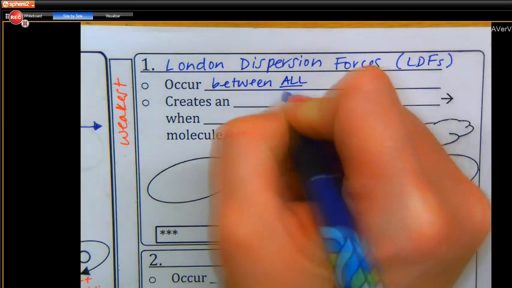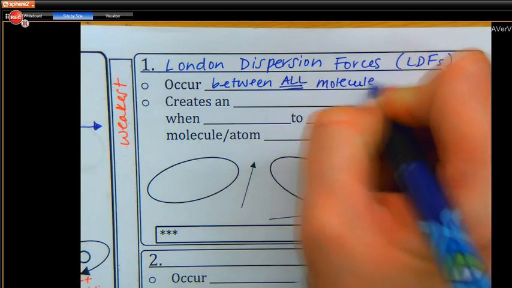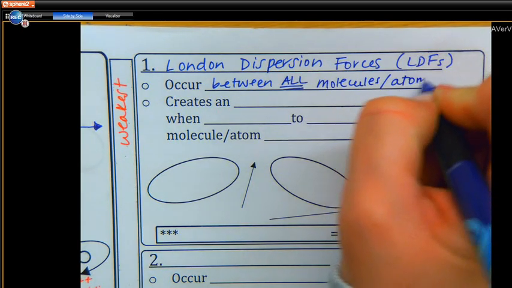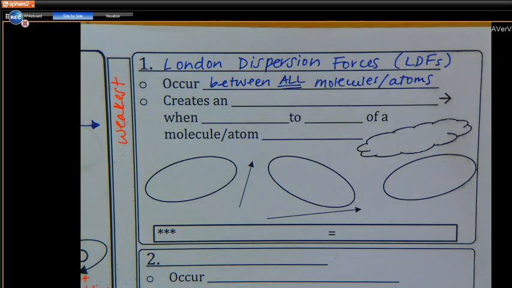So in those tug-of-war notes, when we talked about polarity, we said that a dipole is a slight positive or a slight negative. That is a permanent dipole, because in that bond, it is always that way. The chlorine is always pulling harder than the hydrogen.